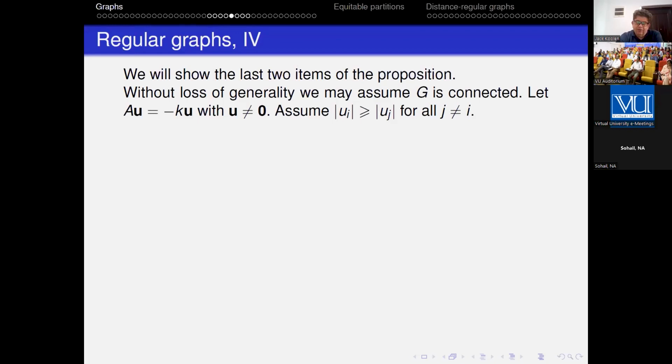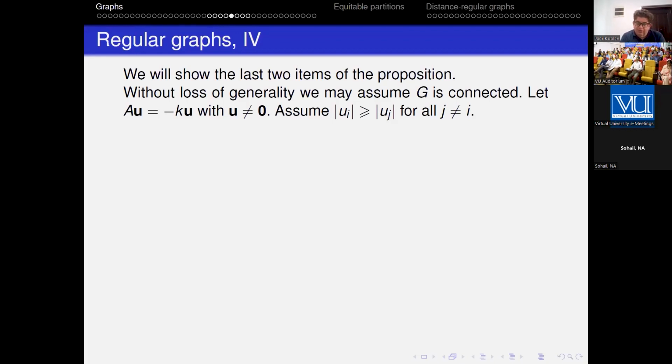So we have shown that the multiplicity of K is 1 if it's connected, and therefore the multiplicity of K is the number of connected components. So now we want to show for bipartite graphs that the smallest eigenvalue, minus K, has multiplicity at most the multiplicity of K.